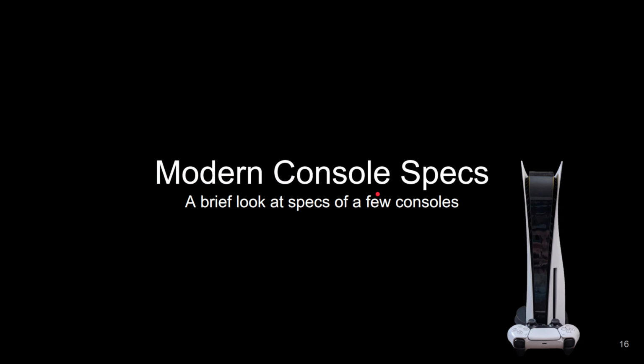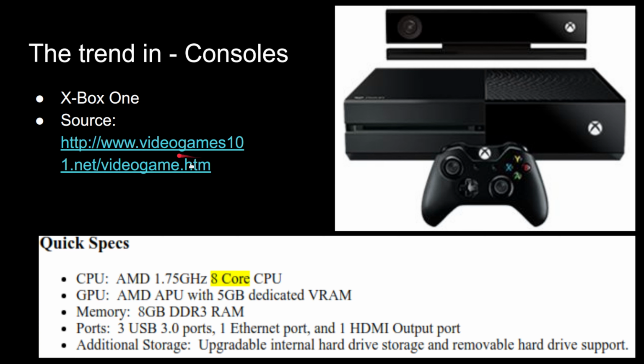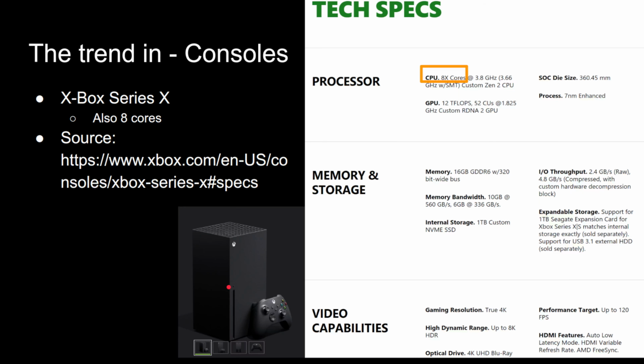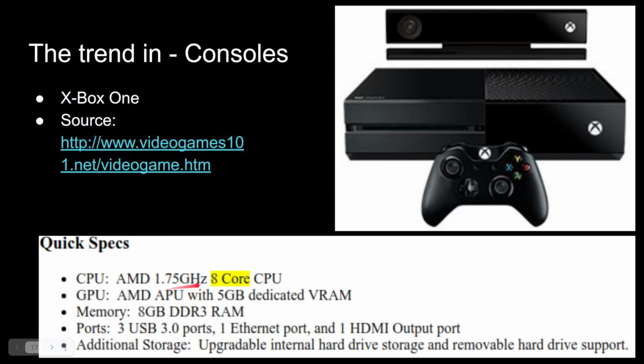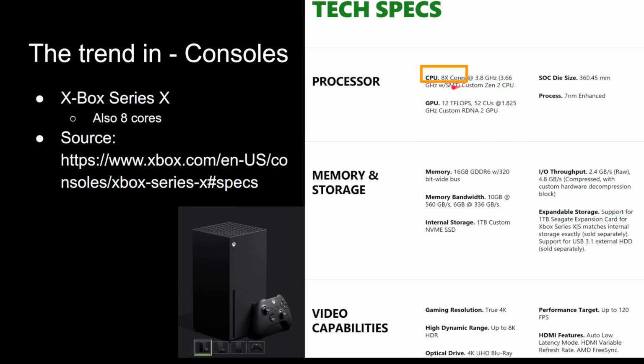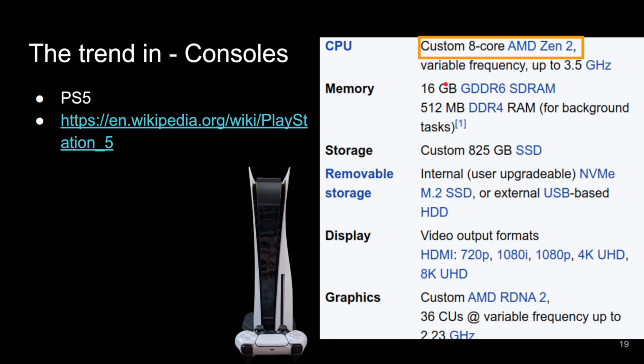Okay. And just for fun, here are some other console specs to see the trend. The newer Xbox has 8 cores. The Xbox Series X also has 8 cores, running a little bit faster than the other ones. They were at 1.75 gigahertz. The new Xbox is about twice as fast, almost a little bit more than that, with 8 cores.